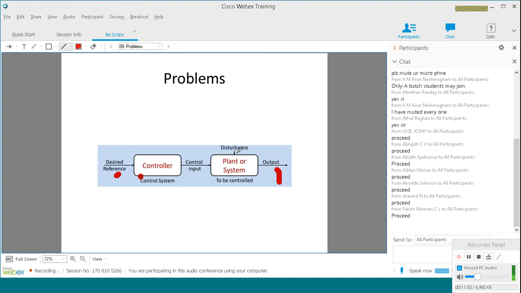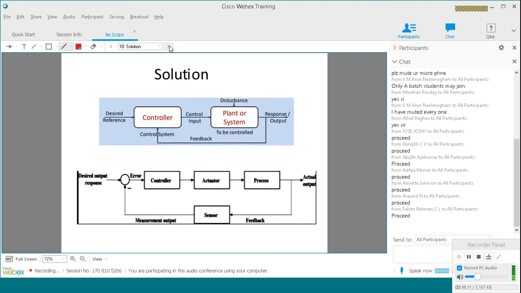This is the main reason why we use feedback. There are other advantages and disadvantages of using feedback, but the main reason why we use a closed loop or a feedback is to reject the disturbances successfully.